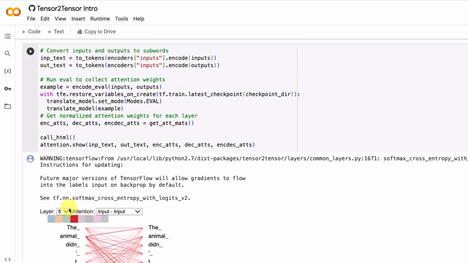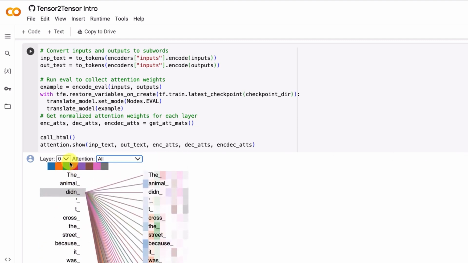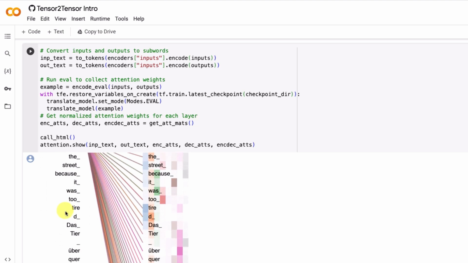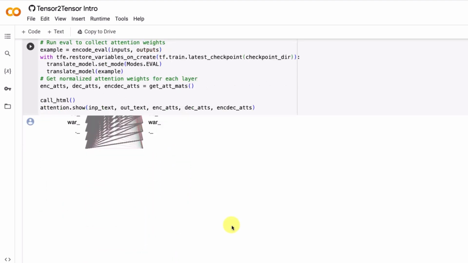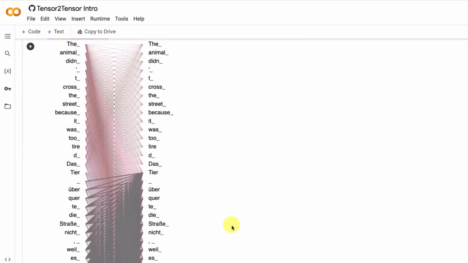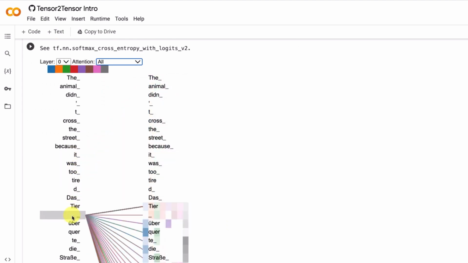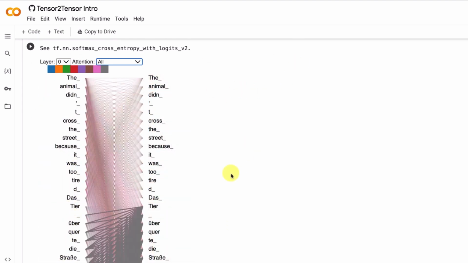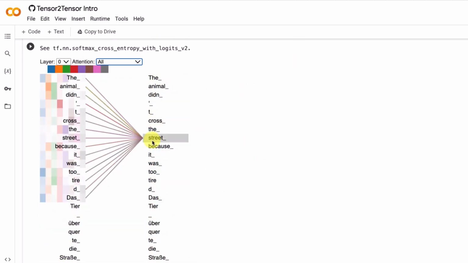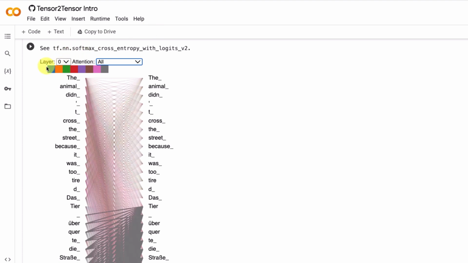When you first come across it, it will have 0 here, and it will have all of these switched on. Basically, they're taking that sentence, the animal didn't cross the street because it was too tired, and they're translating it into German over here, using the transformer architecture. And this visualization shows us how attention works. So we're going to play around with it.